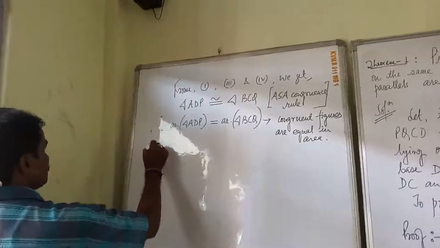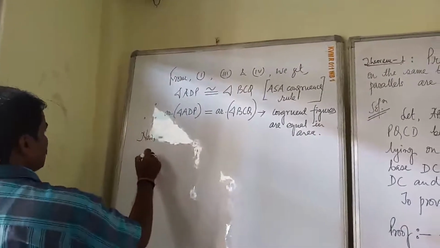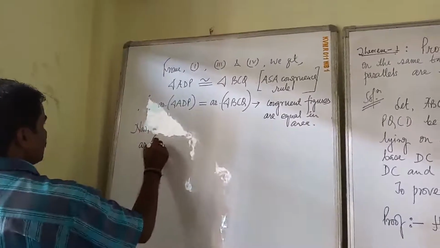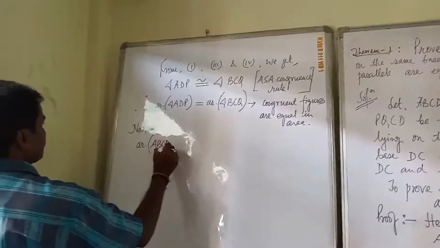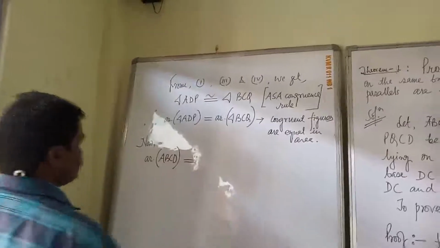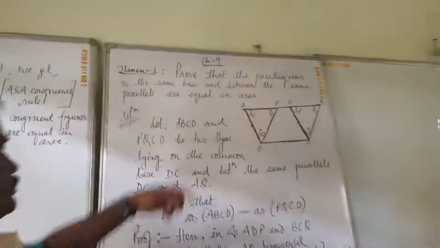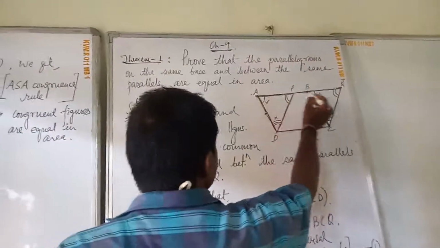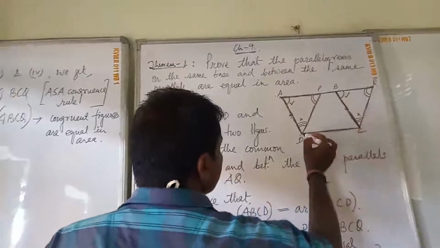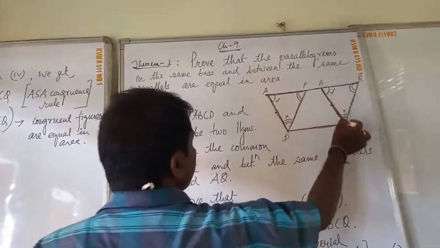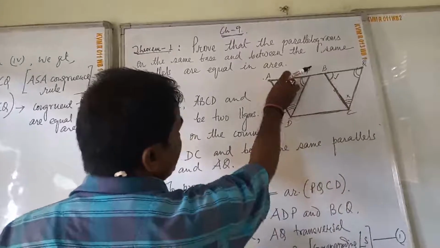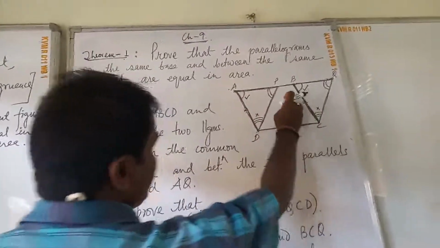Now area of ABCD. You come back to figure ABCD. This area has two parts. One is the triangle here, another is a trapezium like here.